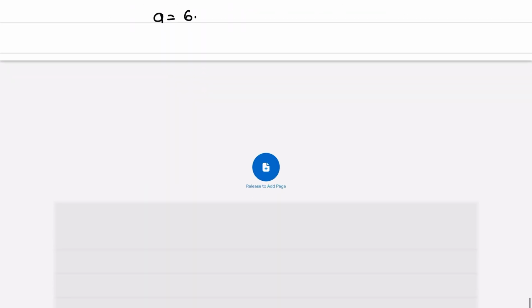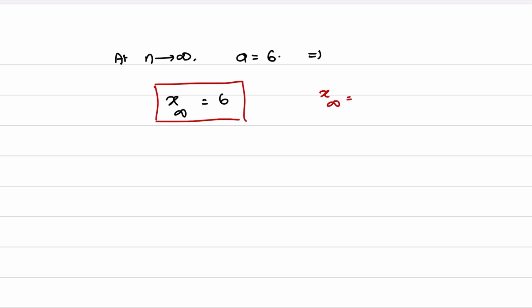Then we have already seen that at n equals infinity, a is equal to 6. That means x infinity is equal to 6. This is the answer. Because x infinity or x infinity plus 1 or x infinity minus 1, they are of the same value, because it converges.